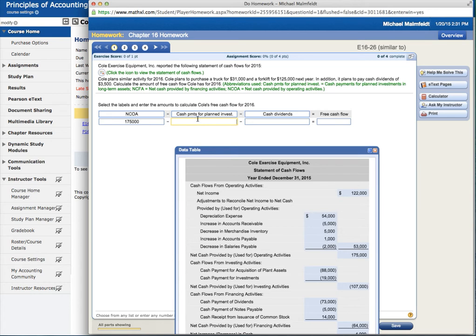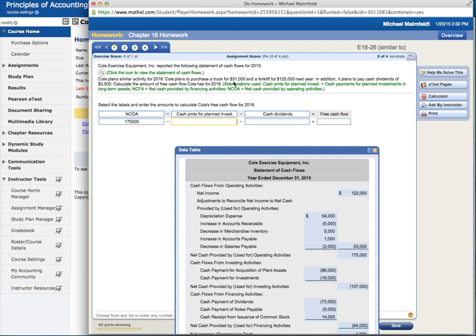Okay, so next step, cash payments for planned investments. Well, these are given to us in the problem here. So we've got $31,000 for purchase of a truck, and $125,000 for purchase of a forklift. Absent any other specifications, we're going to assume that these are paid with cash.